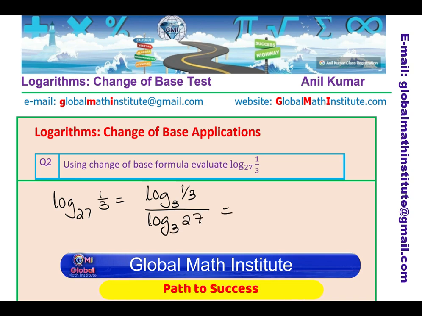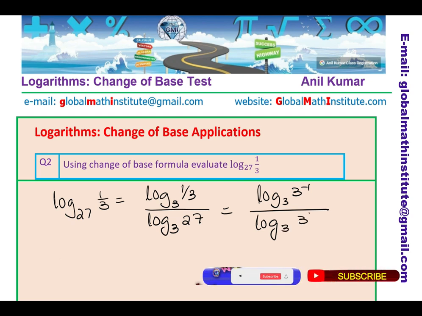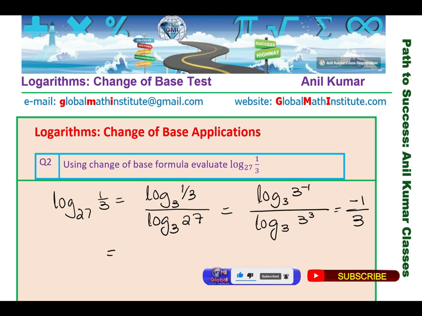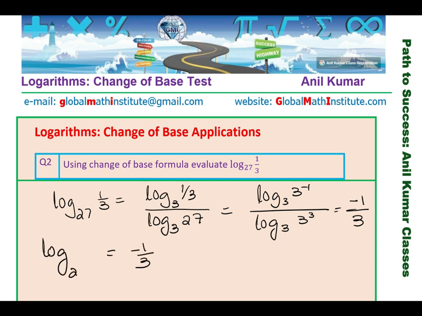Does that make sense to you? Now, this is log to the base 3 of 3 to the power of minus 1, and here we have log to the base 3 of 3 cubed, correct? So that gives you minus 1 over 3 as the answer. So we change the base to find the value, right? Great. I hope this is absolutely clear.